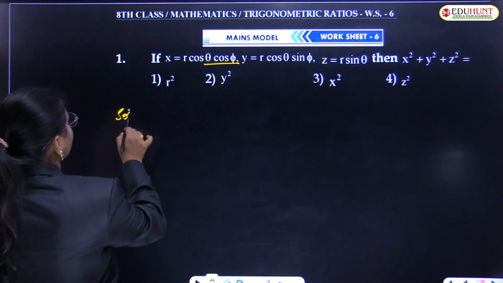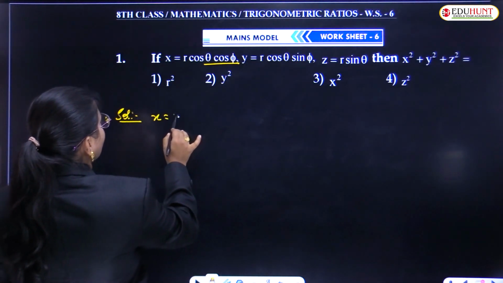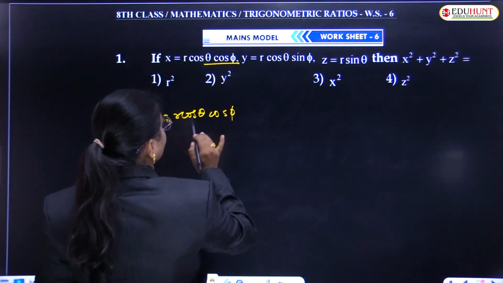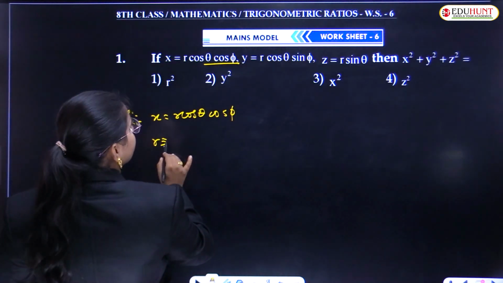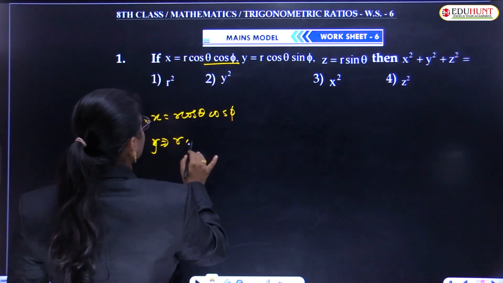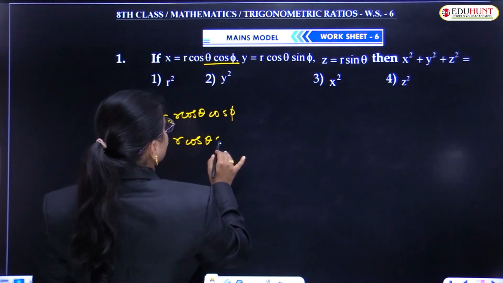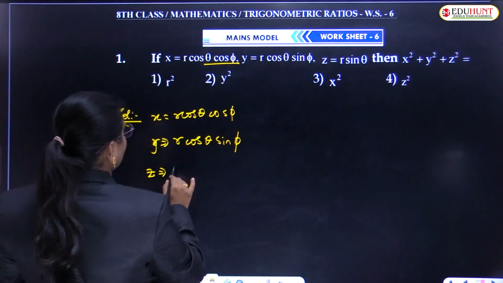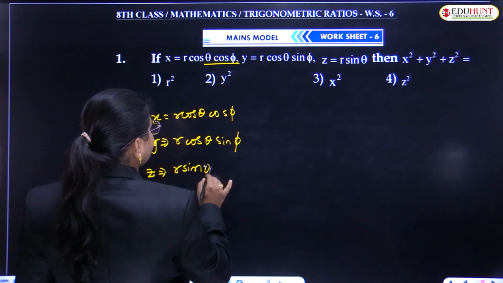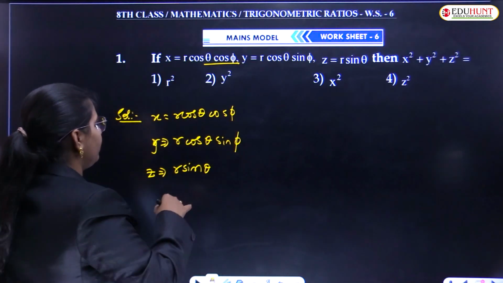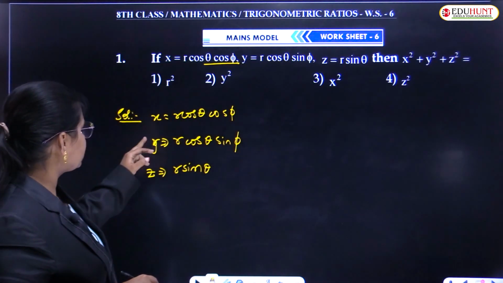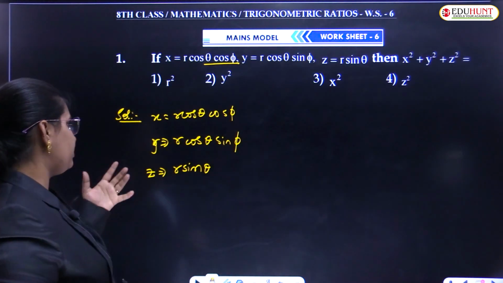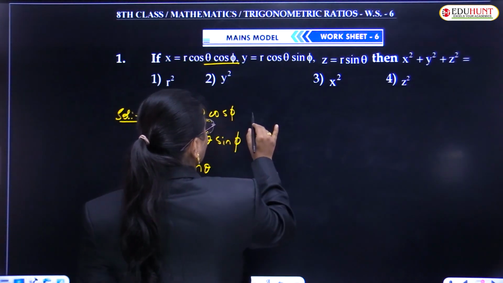So let's solve this question as an example. Here x is equal to r cos theta cos phi, y is equal to r cos theta sin phi, and z is equal to r sin theta. You need to find x square plus y square plus z square. Let me square these equations.